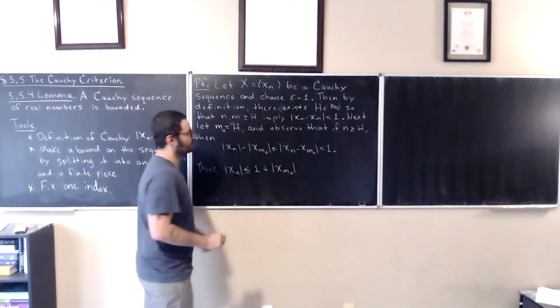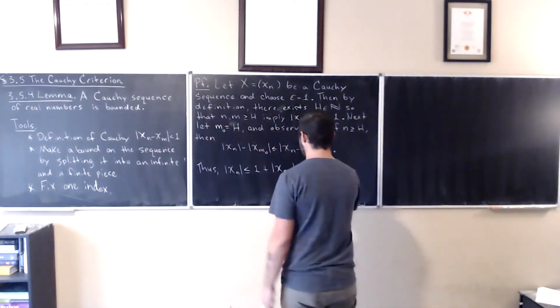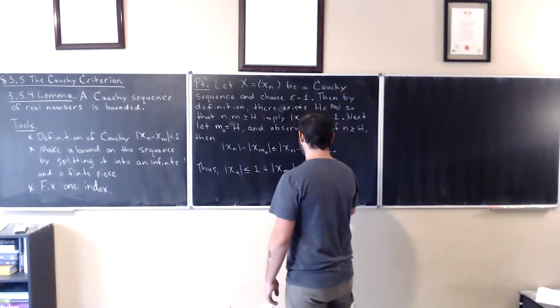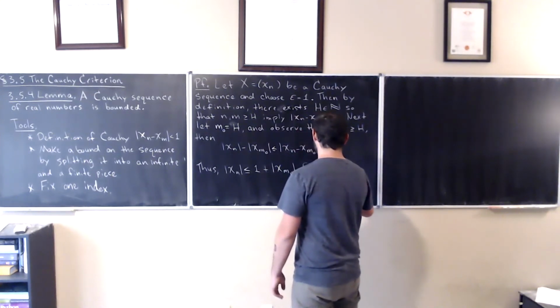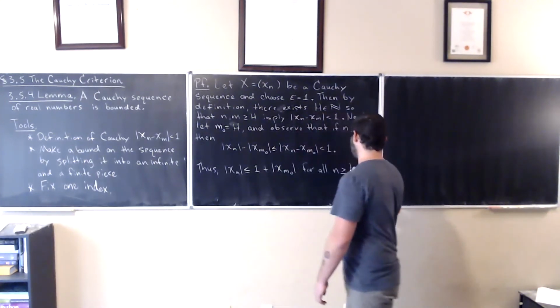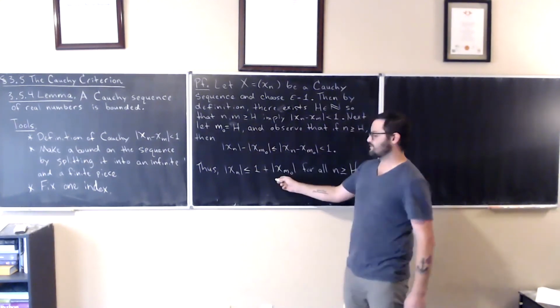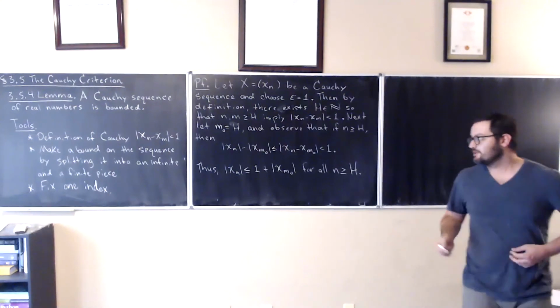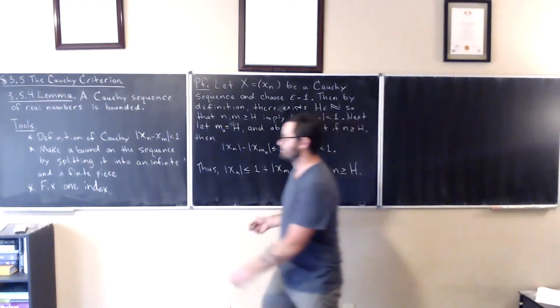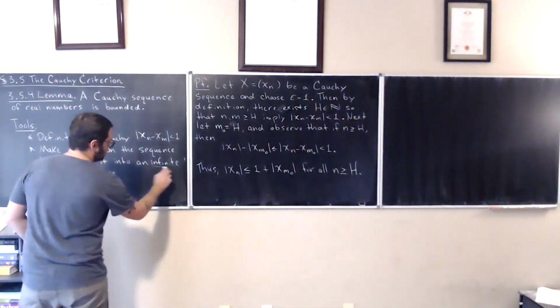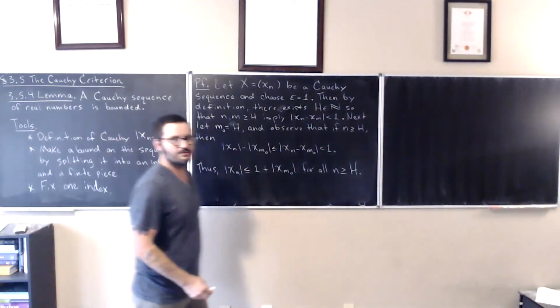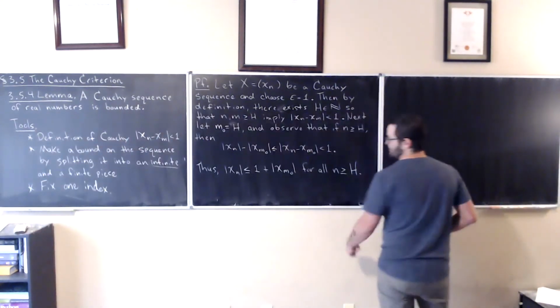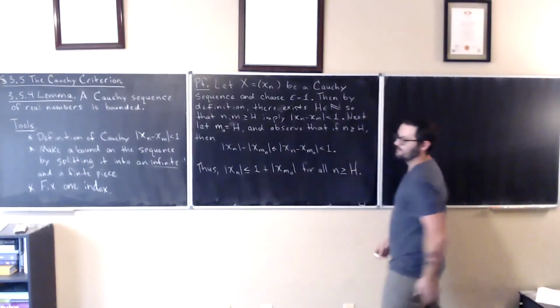And this has to hold for all n greater than or equal to h. And that's just some number, right? That's a fixed index, and the sequence just gets mapped to some number. So what we've done is we've bounded an infinite portion of the sequence above by that.